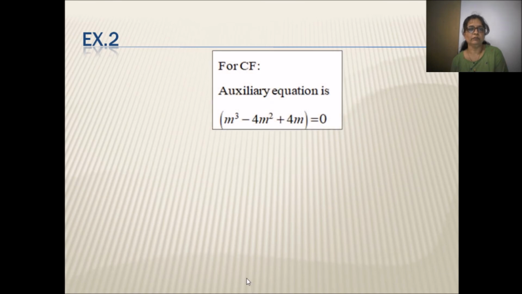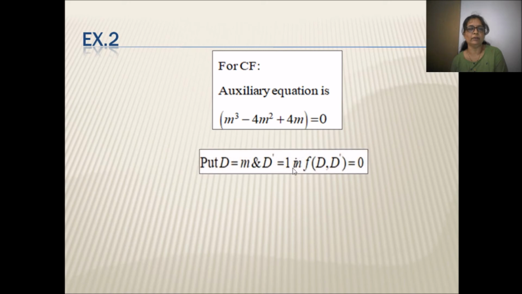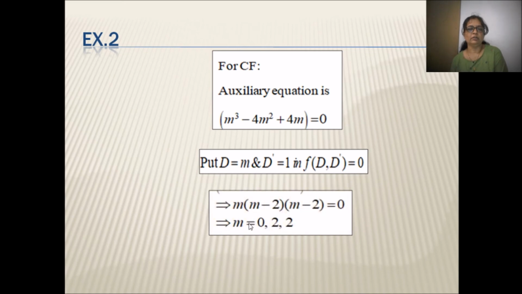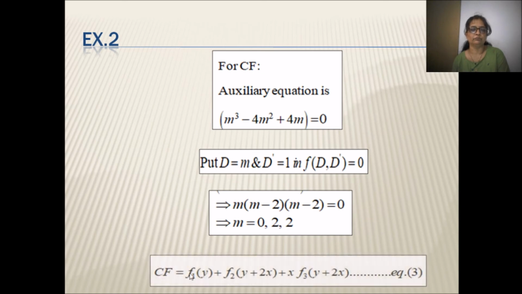Now for CF, we write down the auxiliary equation by substituting D equal to m and D dash equal to 1 in the function of D, D dash and simplify this equation by any method and find out the roots of this equation. The roots are 0, 2, 2. Now here 0 is real and different, and 2, 2 are repeated values. Therefore CF is the combination of case 1 and case 2.